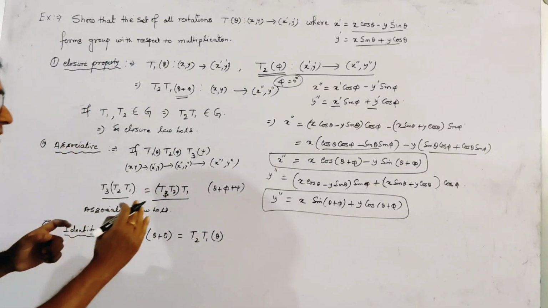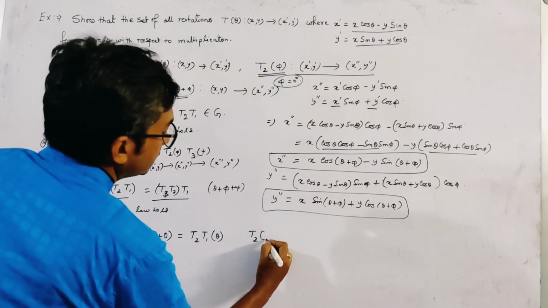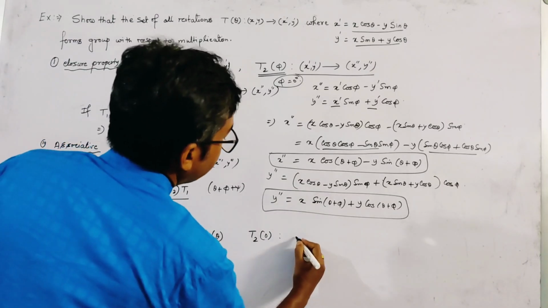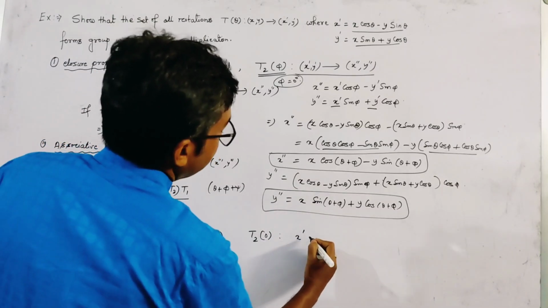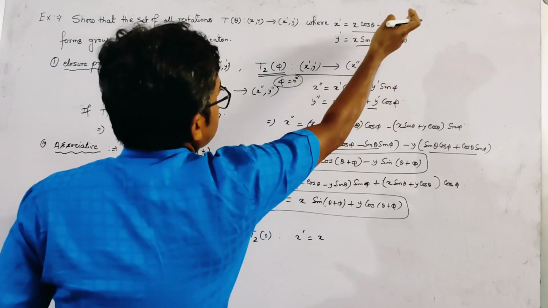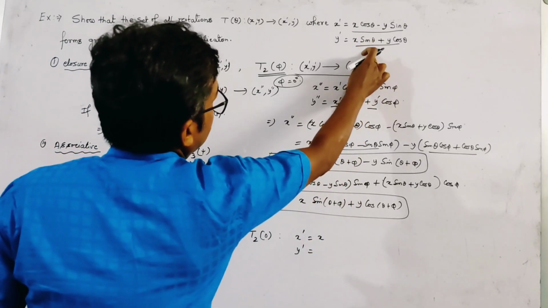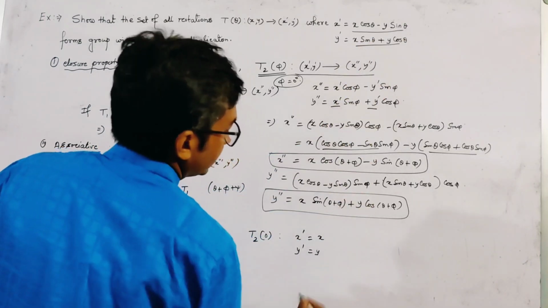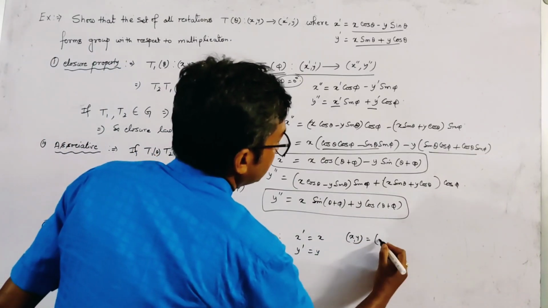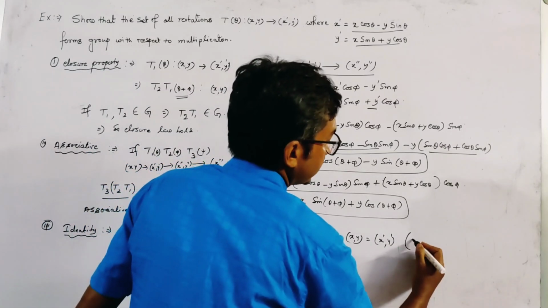Hence we say that T2 of 0 gives x' = x cos 0 - y sin 0, which is x, and y' = x sin 0 + y cos 0, which is y. That is, (x, y) equals (x', y'). This is the identity rotation.